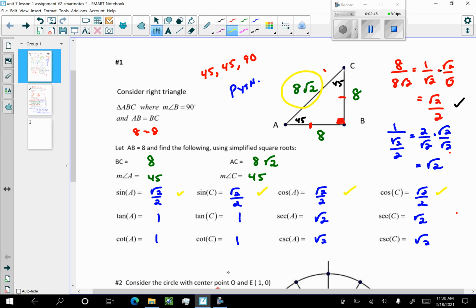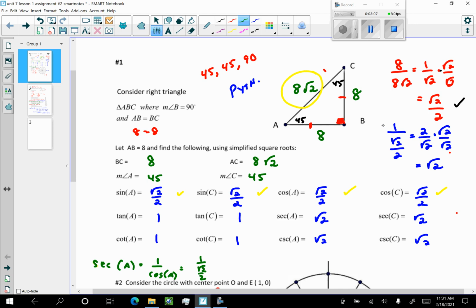And then the other thing we need to know is 1 over the cosine. Secant of A is equal to 1 over cosine of A. Well, we knew that cosine of A was square root of 2 over 2, so I get 1 over square root of 2 over 2.